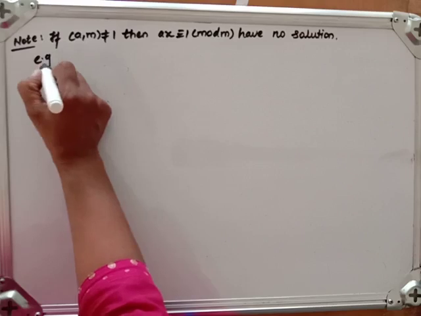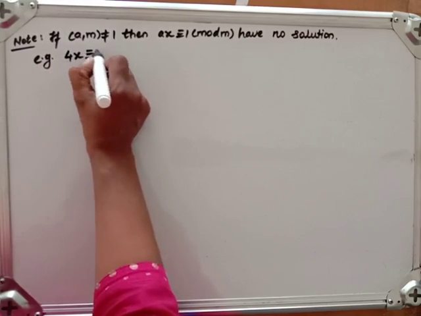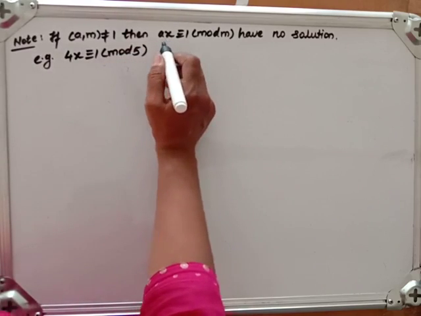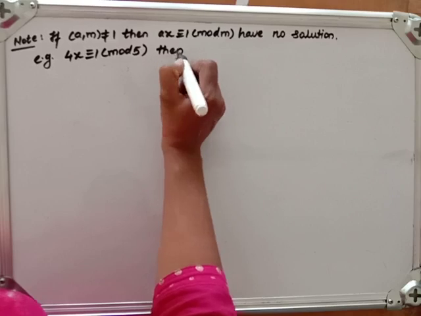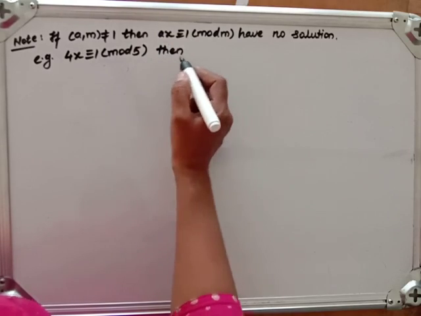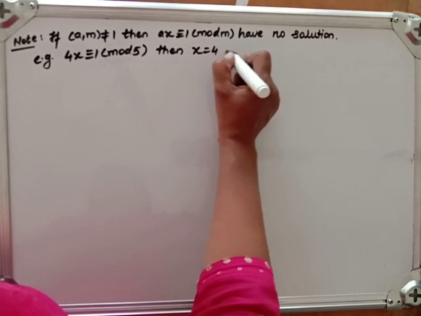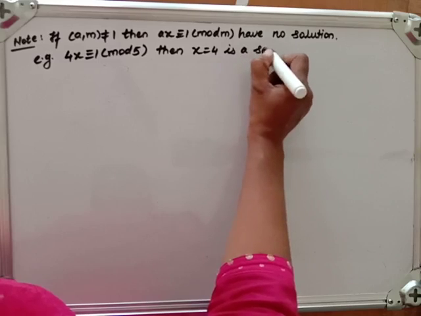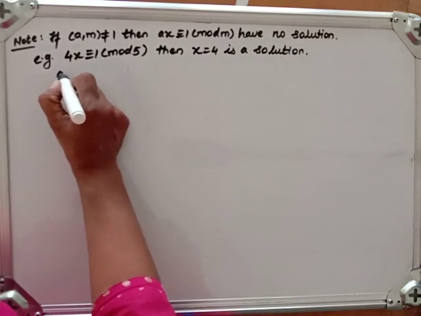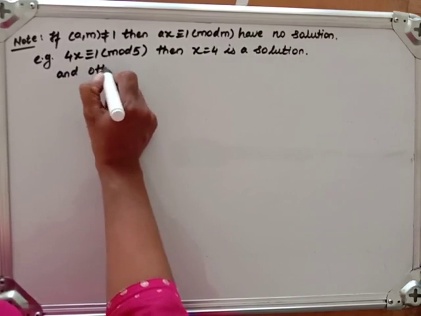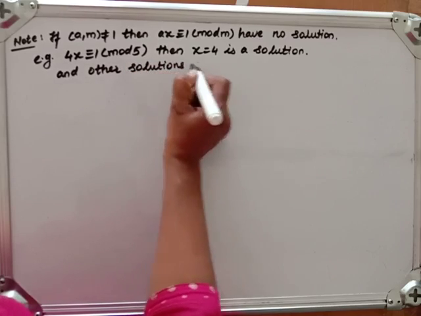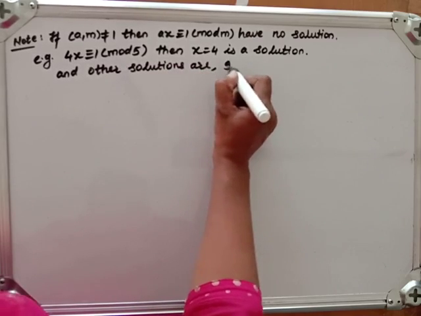For example, 4x congruent to 1 modulo 5. Look here, 4 and 5 are relatively prime, so it has a solution. Then x equal to 4 is a solution here, and other solutions are 9, 14.